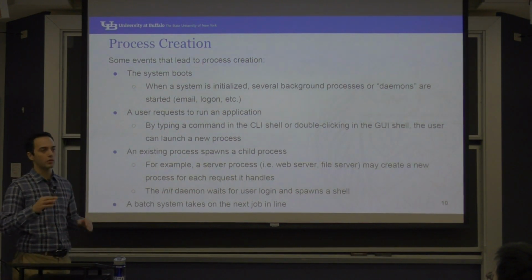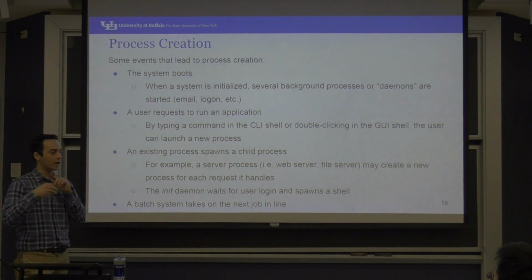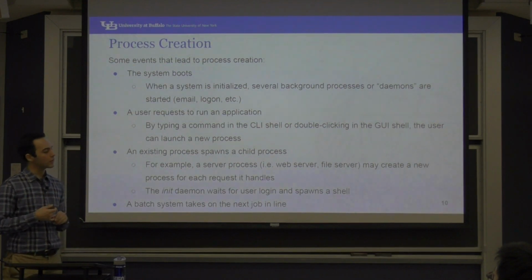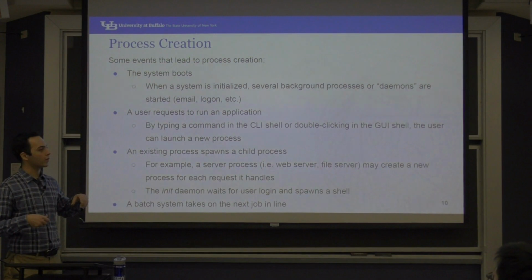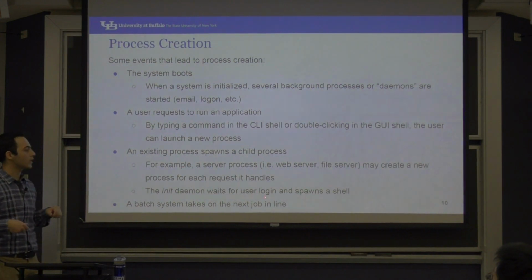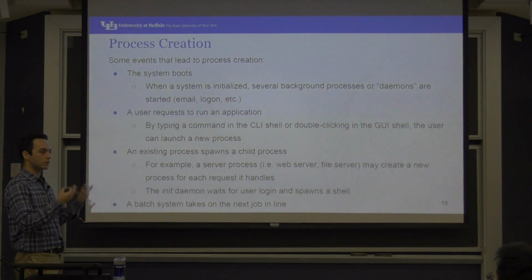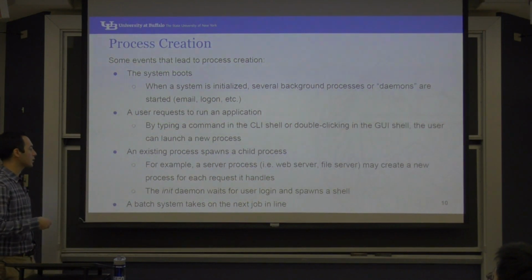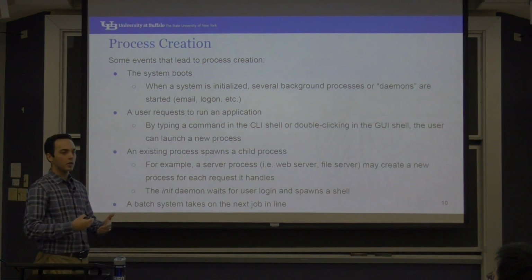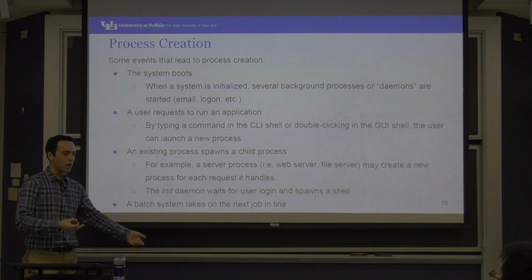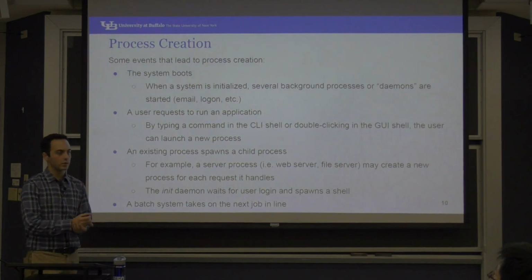This is the case, for example, when you open up a computer into the command line. So the init process, when you boot, is waiting for the user login process, and then it opens a shell. Again, it spawns a process without you asking it. And like a batch system that has processes one after another ready in the queue. Once one job is done, then it starts another process. All right?